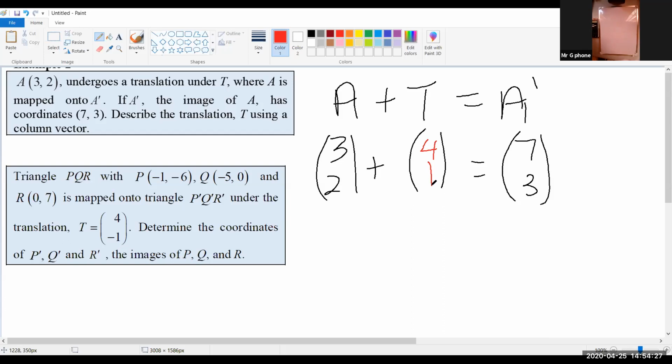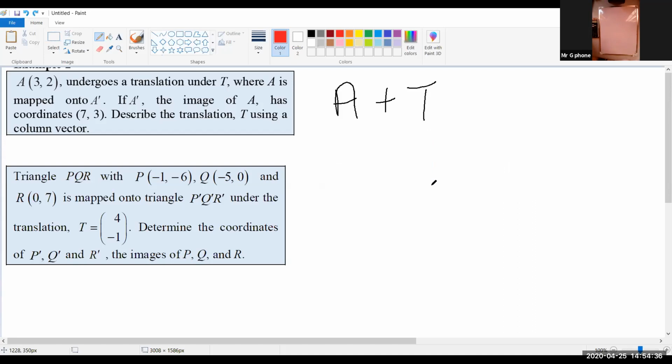All right, people? And let's look at the other one. Let's do them in turn. We have to find P, we have to find Q, and R. So P plus T is equal to P1.